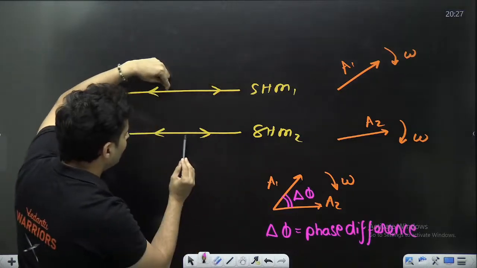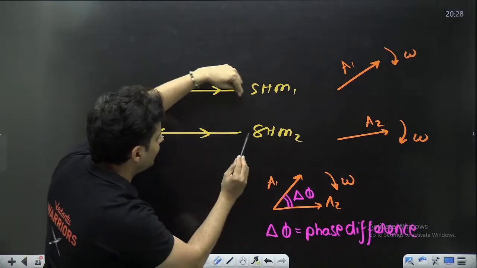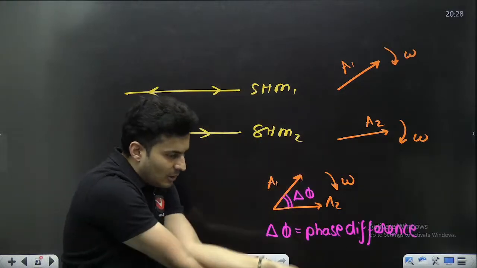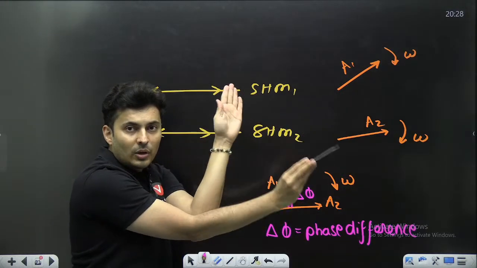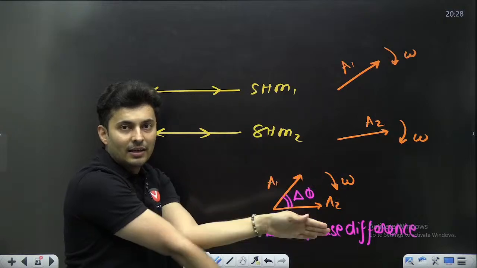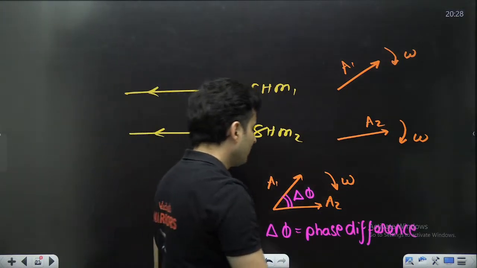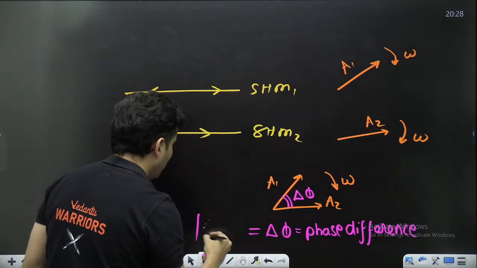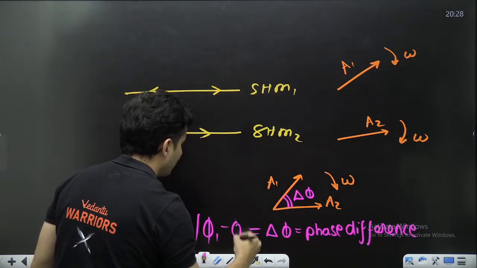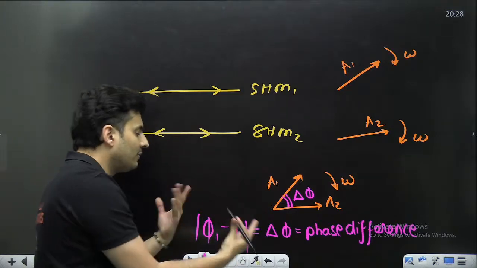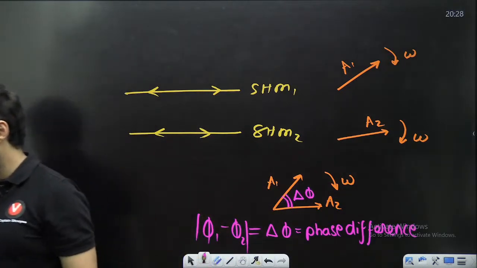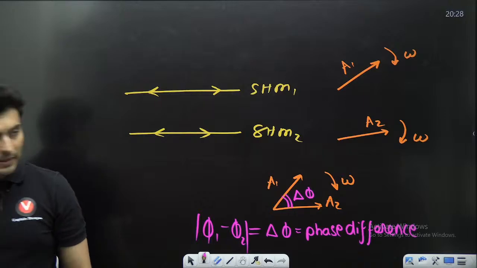Sometimes they might be one behind the other, so their phasor diagram will also have two circular motions moving one behind the other. That is your phase difference, which is simply the modulus of phi 1 minus phi 2. The difference of the phase constants is the phase difference. Is that clear? Yep, very good.